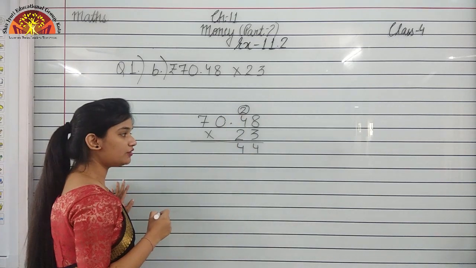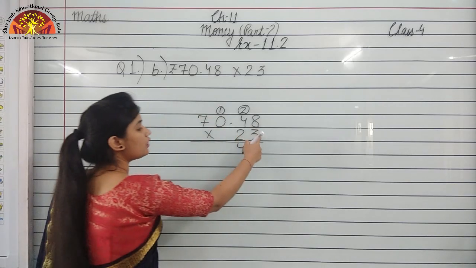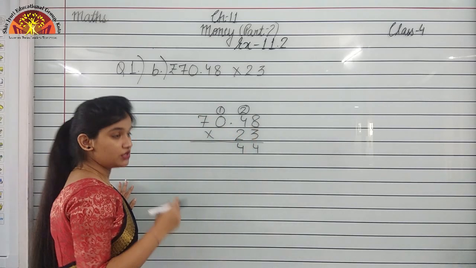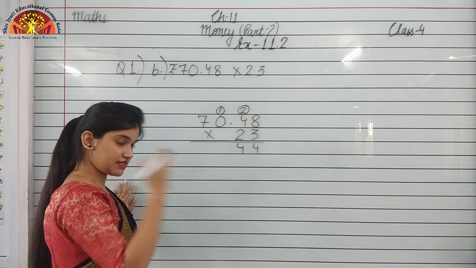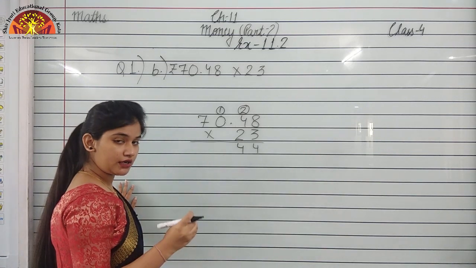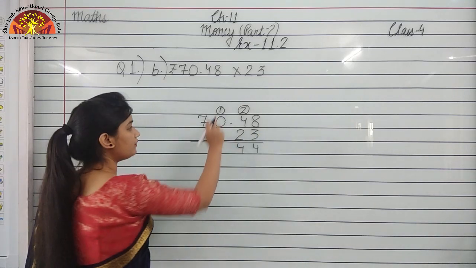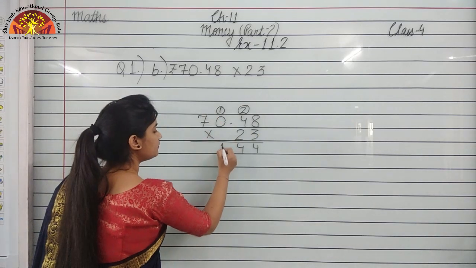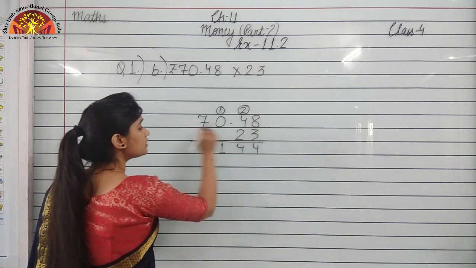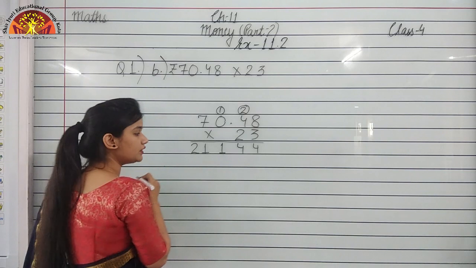So students, again you will write 4 here and 1 carry. Now 3 multiplied by 0. Students, as we have discussed in previous chapters, whenever we multiply 0 by a number, we get 0. So 3 multiplied by 0 will be 0, and we are adding 1, so it will be 1. Now 3 7s are 21. So I have written 21 here.